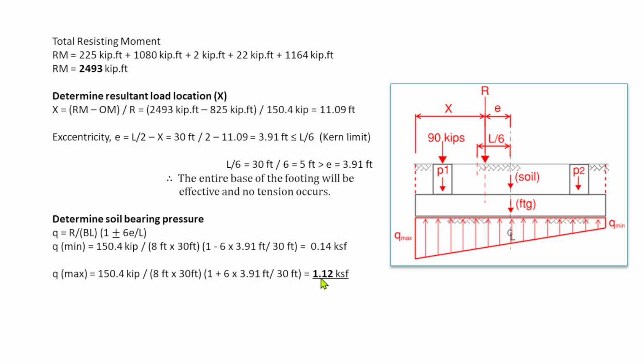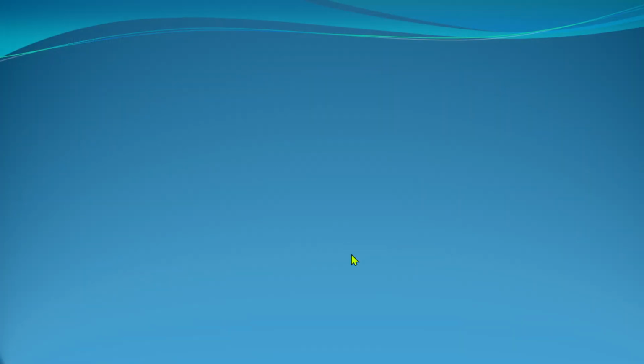So the maximum soil bearing pressure is already determined: 1.12 ksf, kips per square foot. So that is our maximum soil bearing pressure here on this side. This is the minimum. So that concludes our solution to this problem.